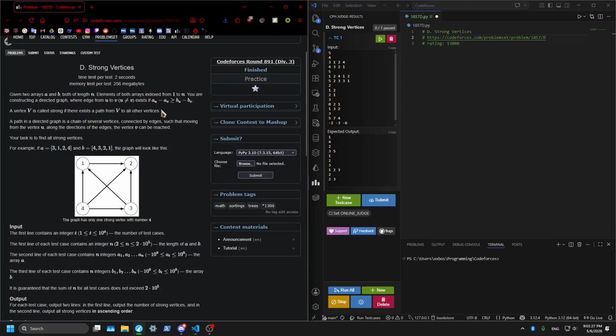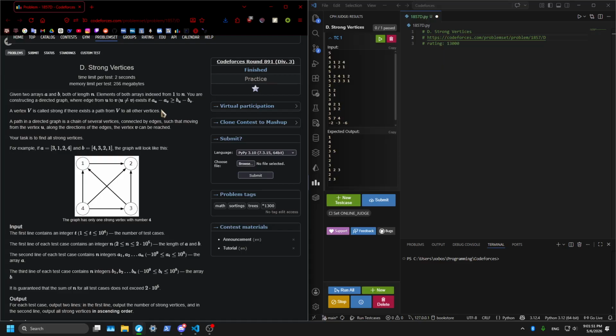Given two arrays A and B, both of length n, with elements indexed from 1 to n, you are constructing a directed graph where an edge from U to V exists if AU minus AV is greater than or equal to BU minus BV. A vertex V is called strong if there exists a path from V to all other vertices.